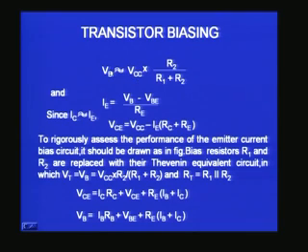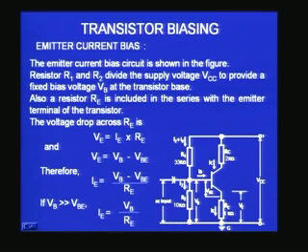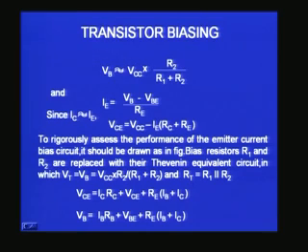So what about VB? If you look at the picture now, I said already R1 R2 forms a potential divider, and that only provides the VB voltage at the base. VB is approximately equal to VCC multiplied by the potential divider R2 divided by R1 plus R2.